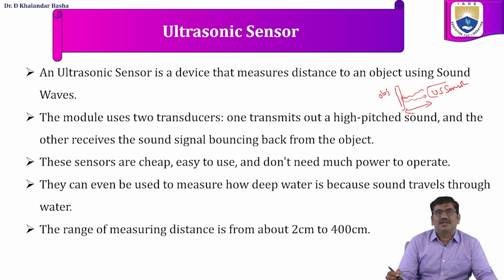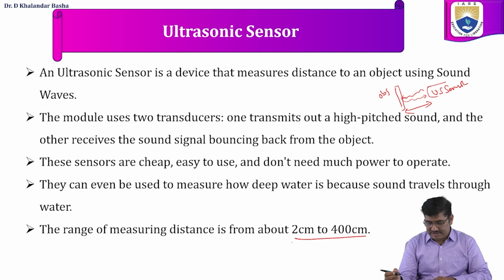These sensors are cheap, easy to use and do not need much power to operate. They can even be used to measure how deep water is, because sound waves travel through water also. The range of measuring the distance between the obstacle and the sensor is 2 centimeters to 400 centimeters.